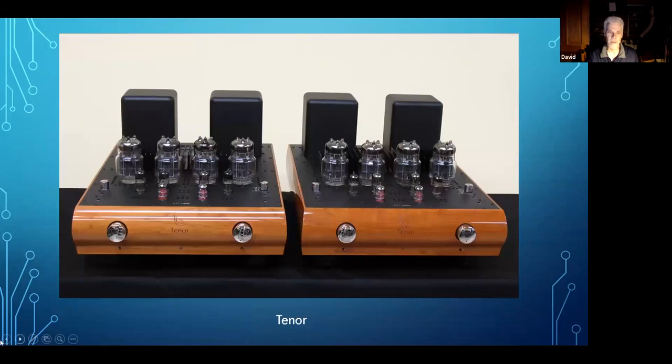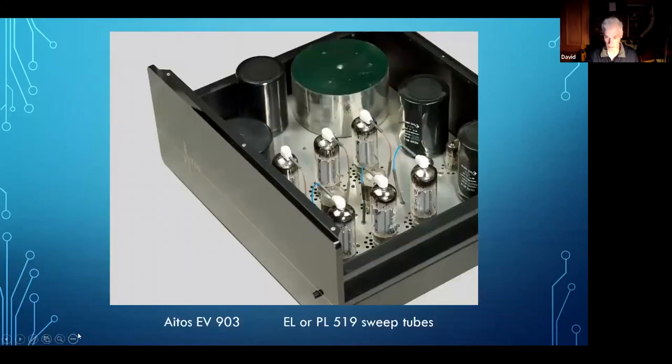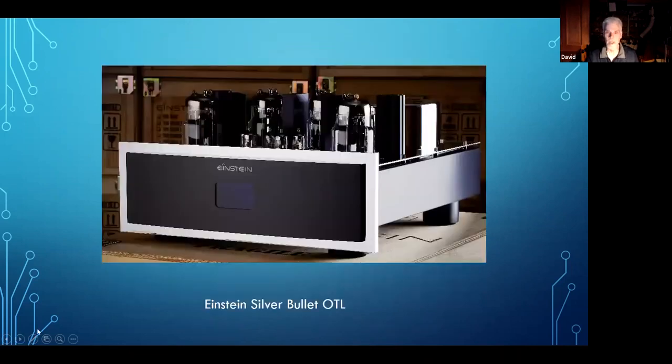Tenor, again, they use the same tube. Now this ITOS, they used the TV sweep tubes, probably EL519 would be my guess is what these are. And Einstein, they used the Russian tube again.